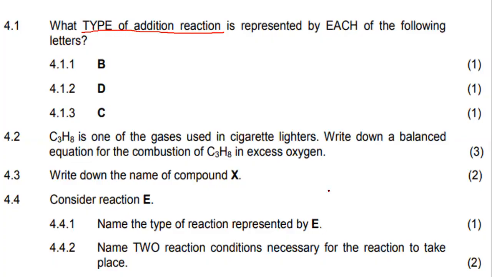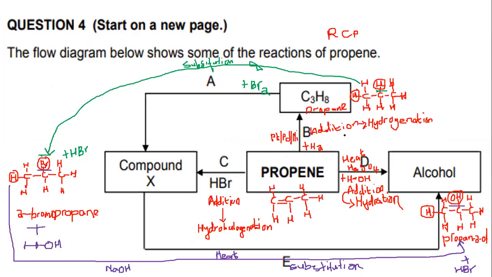So B, we check. This one, it's hydrogenation because we added those two hydrogens. D, it's hydration because we added water molecule, the H and the OH.